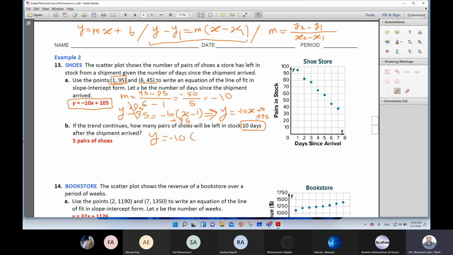So multiply by 10 plus 105. So y equal minus 10 times 10 will be minus 100 plus 105. So the answer will be 5.